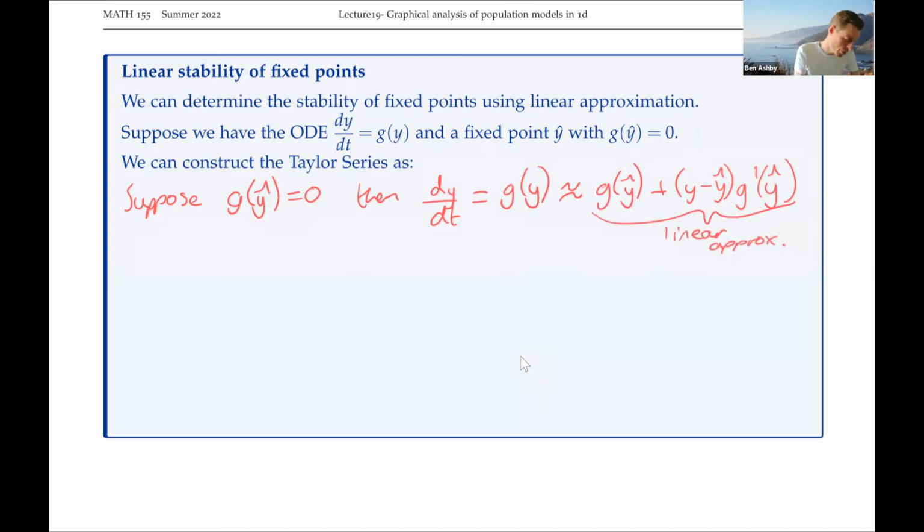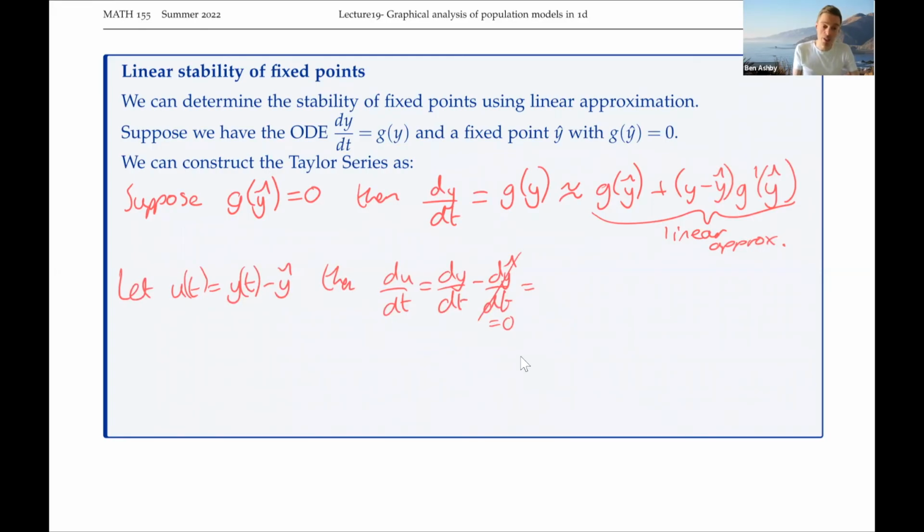Okay, now we can do a substitution. If we let u of t equal y of t minus y hat, we're changing our variables so that we're now measuring how far we've moved away from y hat. Then our du dt is just going to equal dy dt minus dy hat dt. And since y hat is just a constant, this is just going to be equal to 0.